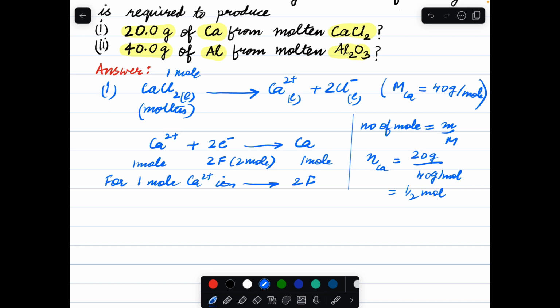So for half mole of calcium ion, how much electricity will we need? It is half, the number of moles, multiplied by 2 Faraday, so we get 1 Faraday. Electricity required in this case is 1 Faraday. This is your first answer.